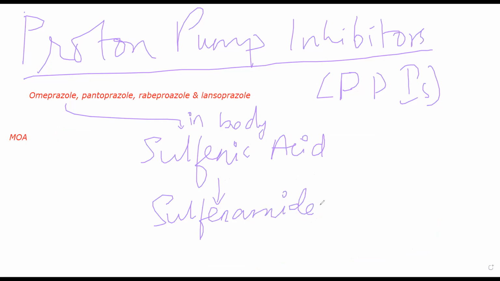Sulfonamide irreversibly binds to hydrogen potassium ATPase. It irreversibly binds to and inhibits the proton pump or hydrogen potassium ATPase.